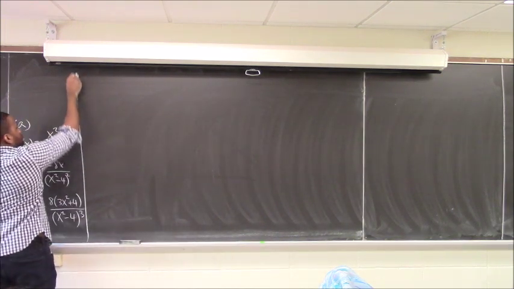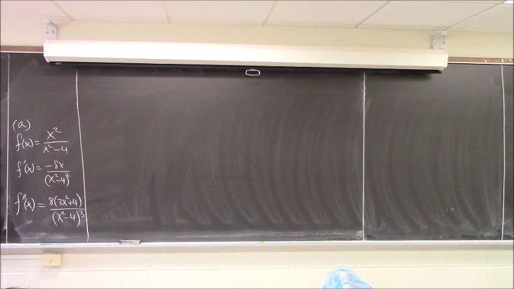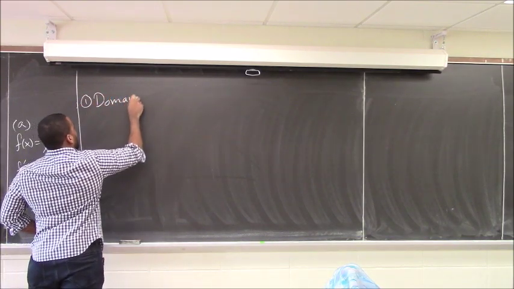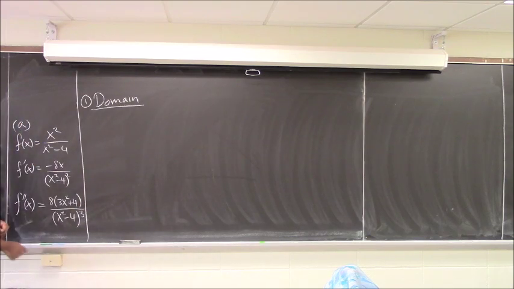So I didn't mention it here, but I probably would ask you to find it specifically on a test or a quiz. Let's talk about the domain. Okay, so here's our function. Where do we look for the domain? What is the domain of this function?